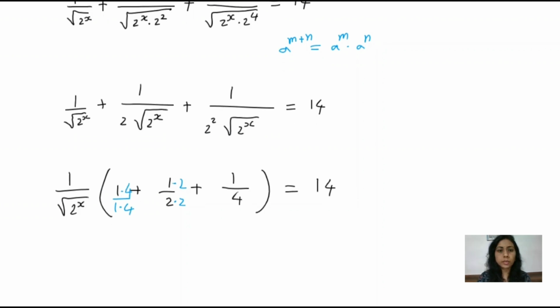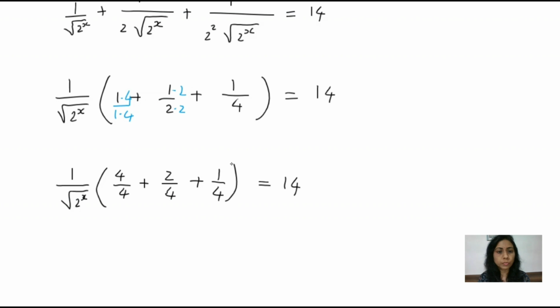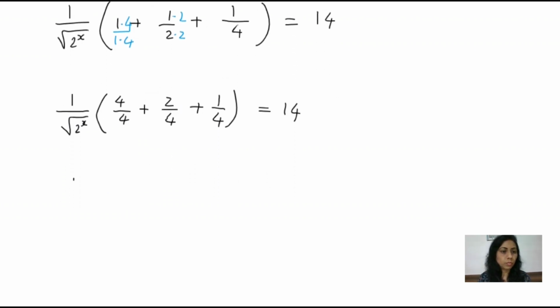Now we can easily simplify. (1/√2)^x times (4/4 + 2/4 + 1/4). Now the denominators are the same, so we can easily add the numerators. 4 plus 2 is 6, 6 plus 1 is 7, so 7/4 is equal to 14.